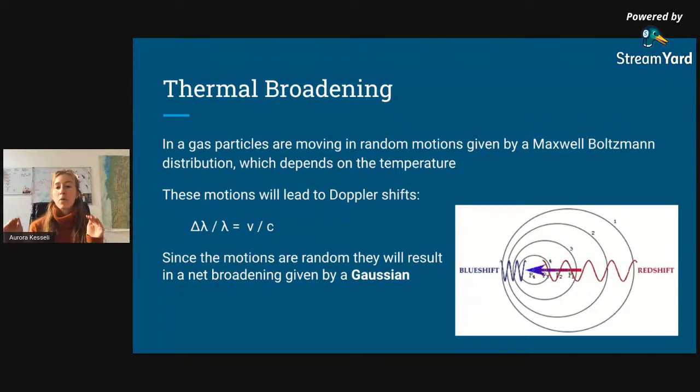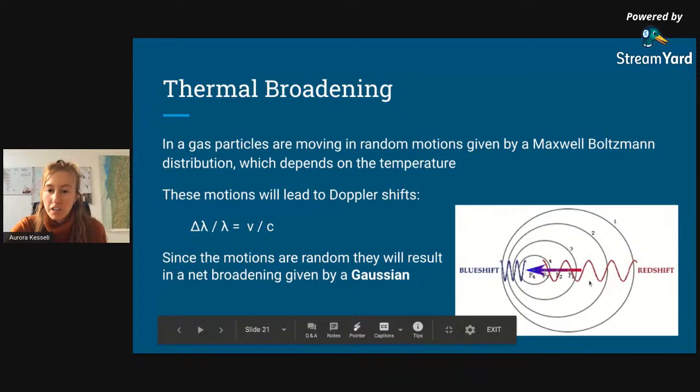So if you have some particles moving this way and some particles moving this way, some moving towards you, some moving away from you, the particles that are moving towards you are going to have light that is blue shifted. So any wavelength of the transition is going to be blue shifted, versus the absorption line for the transition of a particle moving away from you is going to be red shifted.